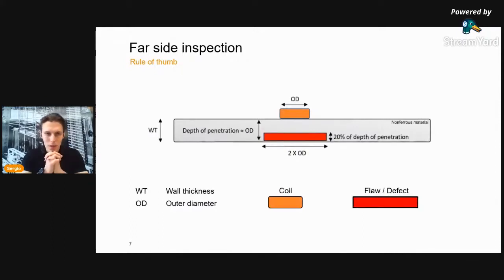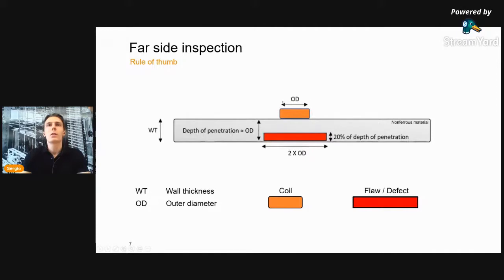For the far side inspection, we have a rule of thumb that we often use. The first time you hear about an application, we ask, okay, how thick is the material? What material do you have to inspect, and how deep and how big are your defects or your indications?